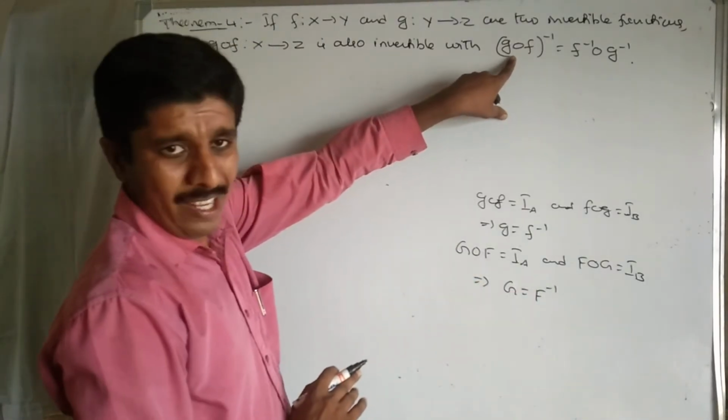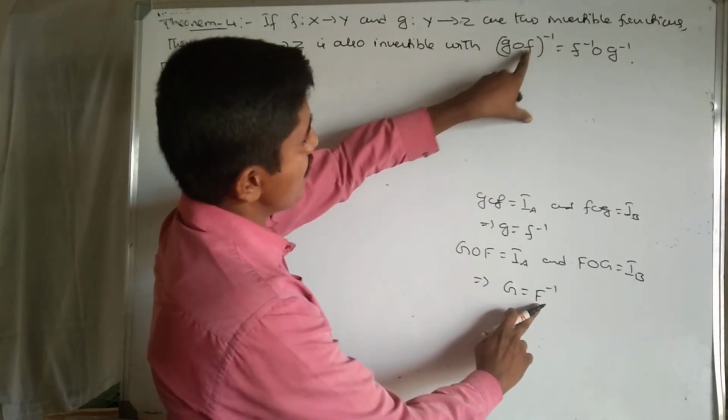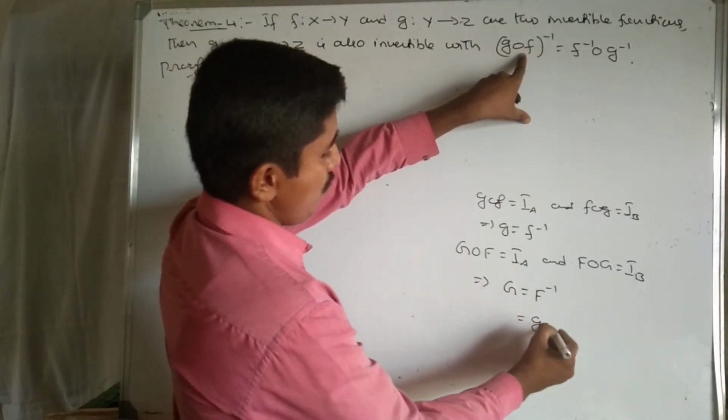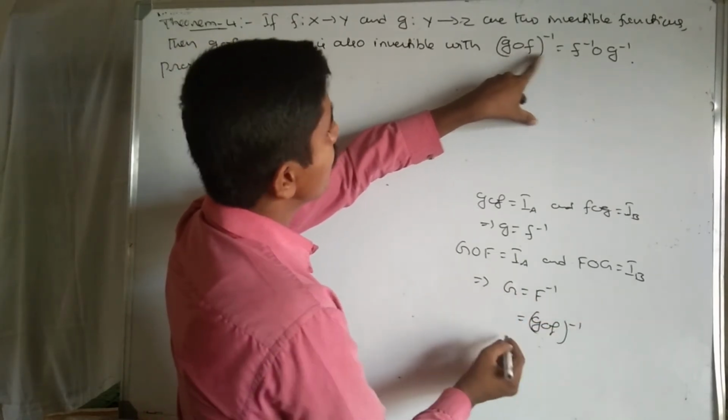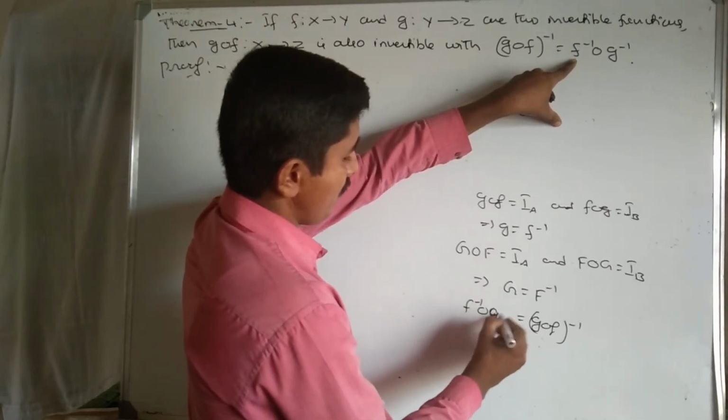Observe the inverse here: (g∘f) inverse equal to f inverse ∘ g inverse.